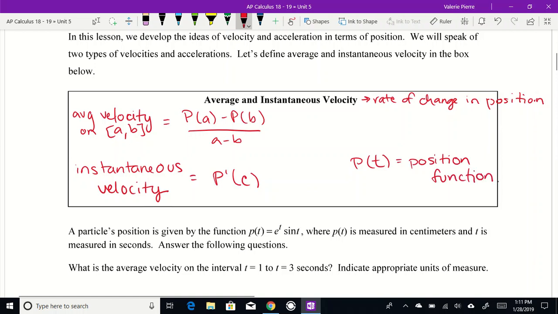Right, so instantaneous velocity is the derivative of the position. So we'll also call that V of T. And average velocity is the same thing as taking the average rate of change of position.